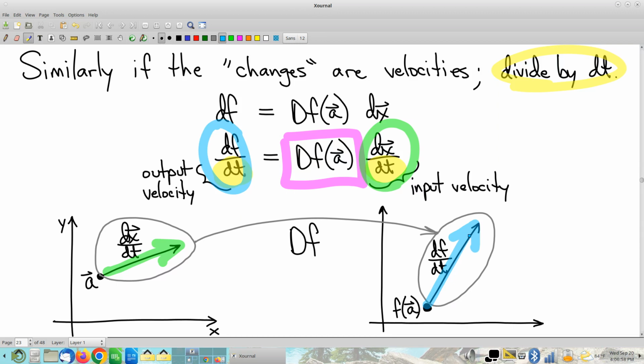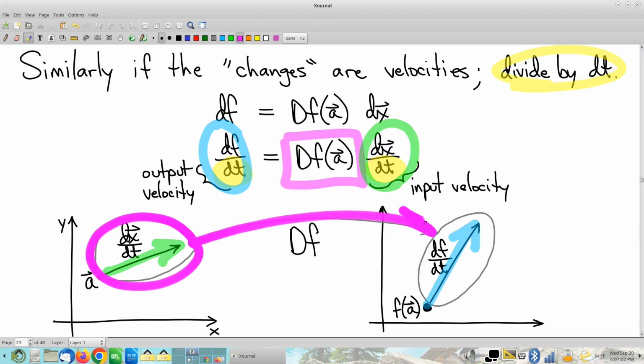But again, it remains that this is turning input vectors into output vectors. It's just that now I'm interpreting the vectors a little bit differently. This is no longer representing a displacement. Now this is representing a velocity, a different interpretation of vectors, but the connection is still the same. How are we doing? Is everybody okay with that?